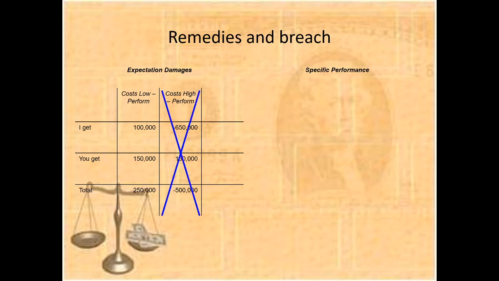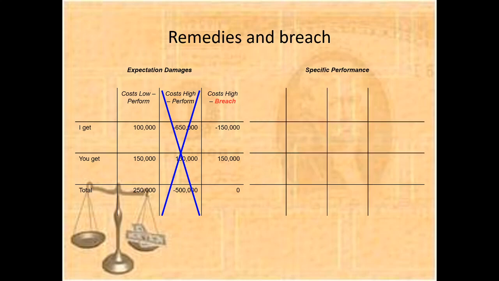So which one is cost low, minus perform? Which would be very high in that sense. Cost high, reach that is minus. So on the left hand side you have the expectation damage example.